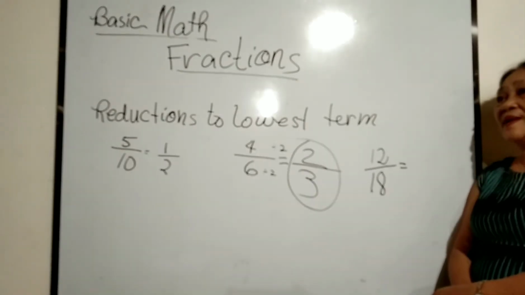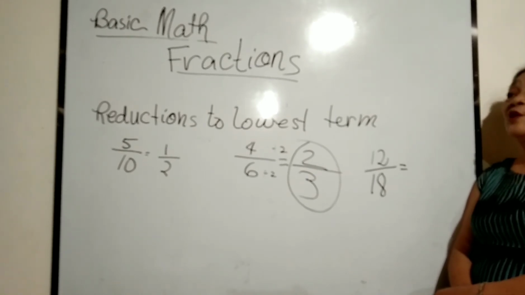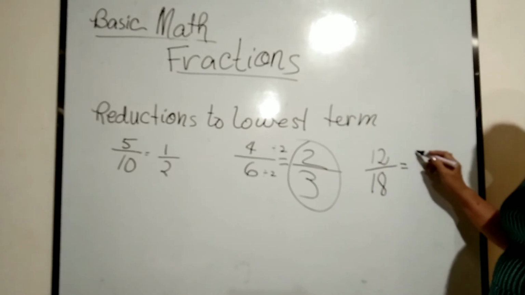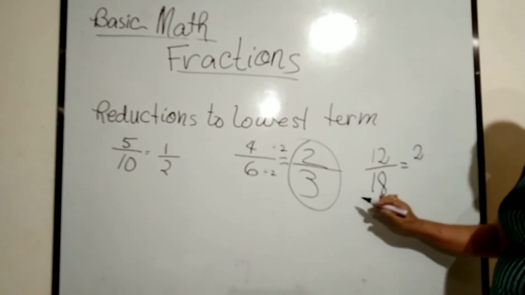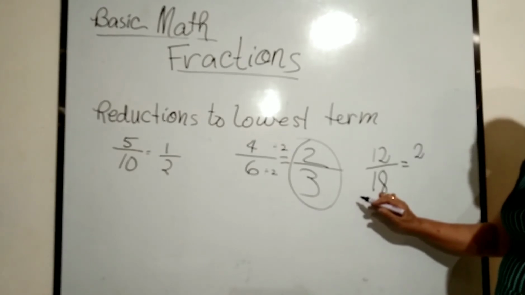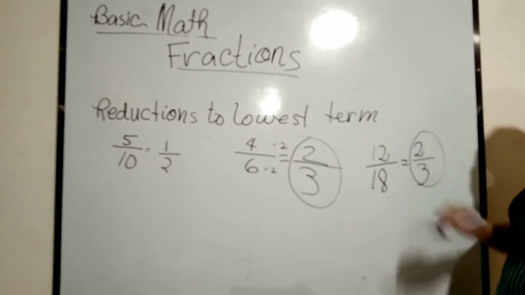We call that greatest common factor. I will use 6. 12 divided by 6 is 2. And 18 divided by 6 is 3. And that is 2/3 then.